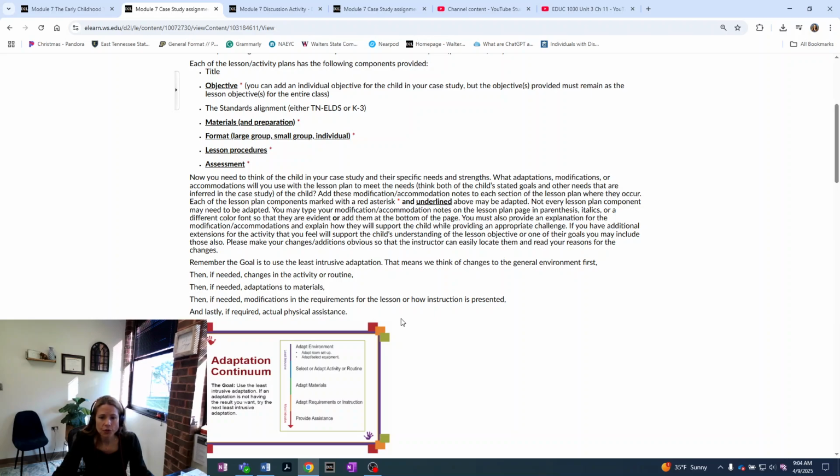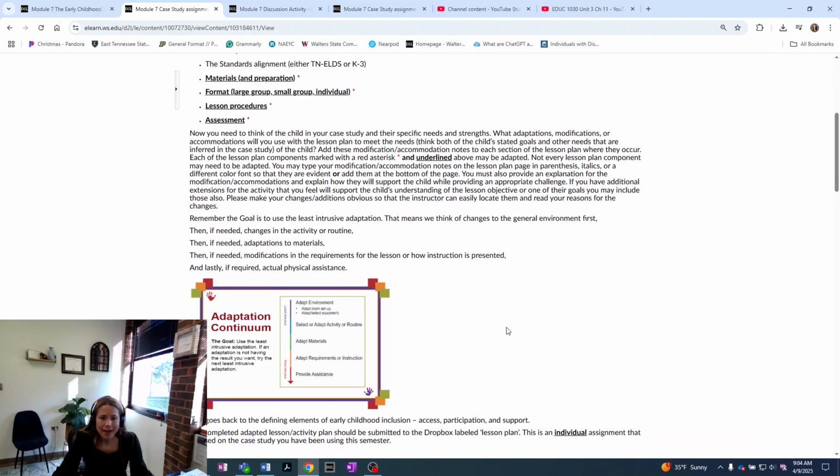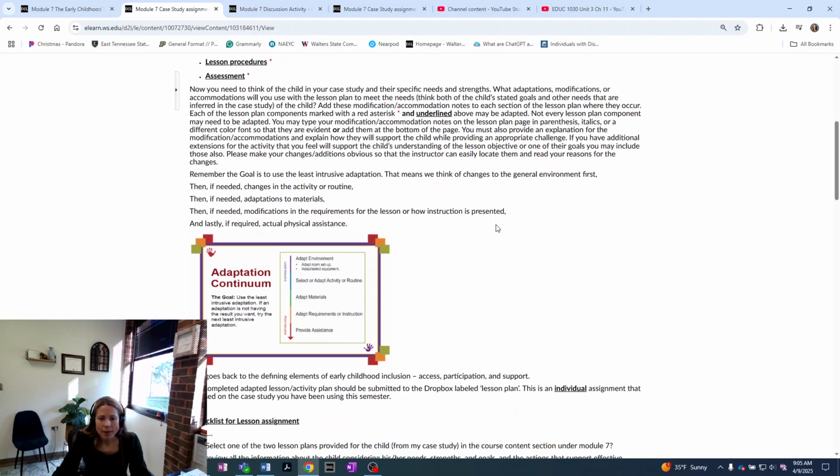Then lastly, we change the instruction or how we present it. And then if that doesn't work, we can use actual physical assistance, right? But there's a rule to it that we always do the least intrusive. So think about that when you're going through and making these modifications.